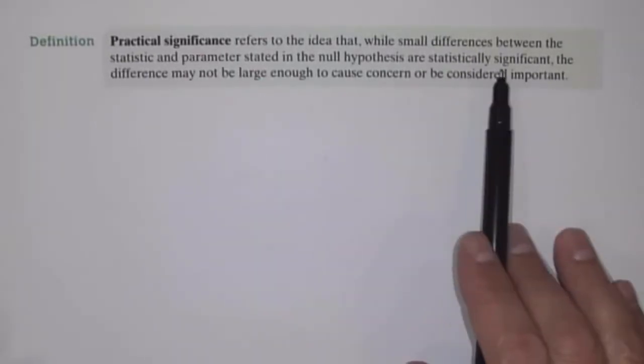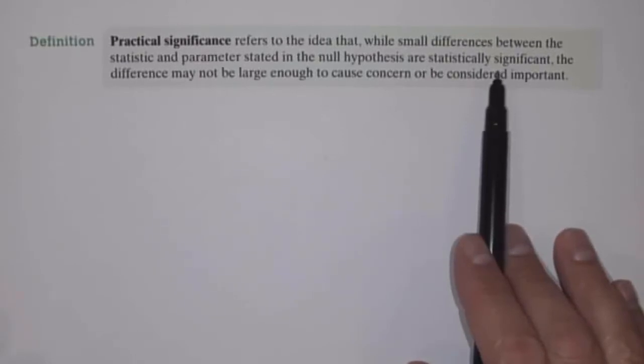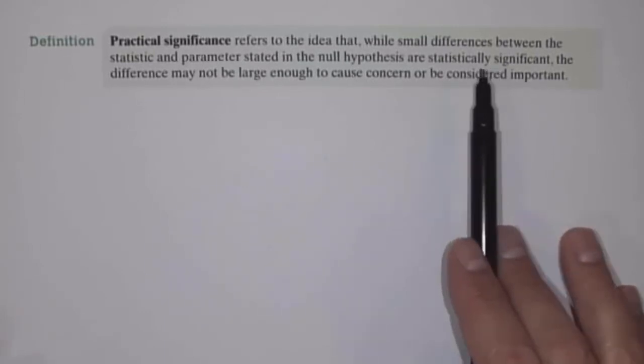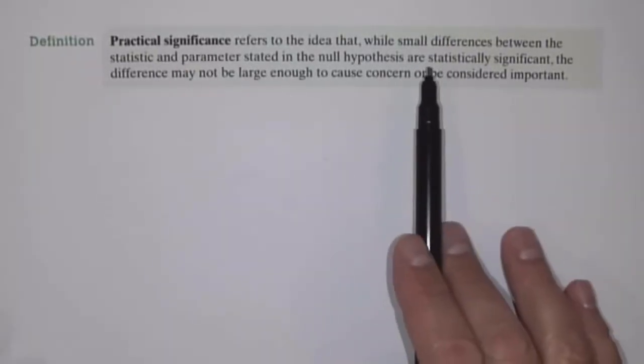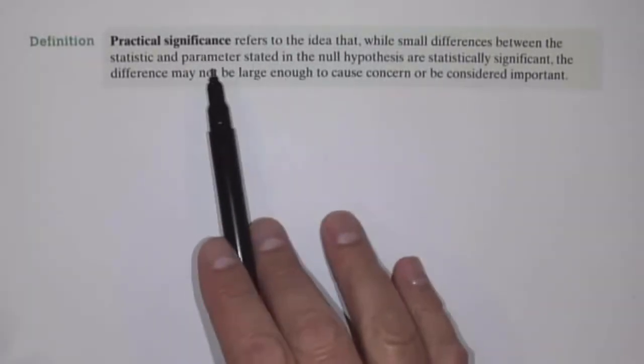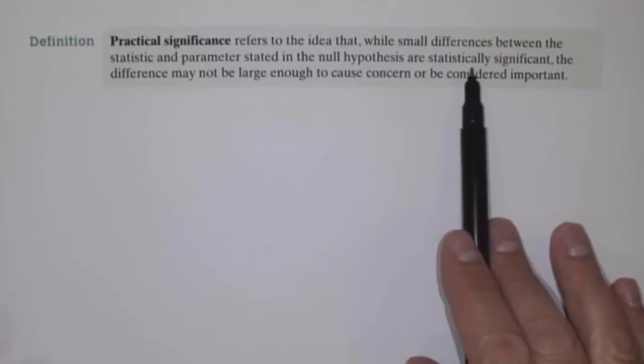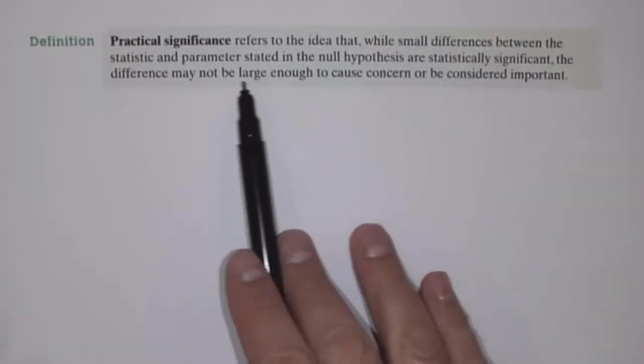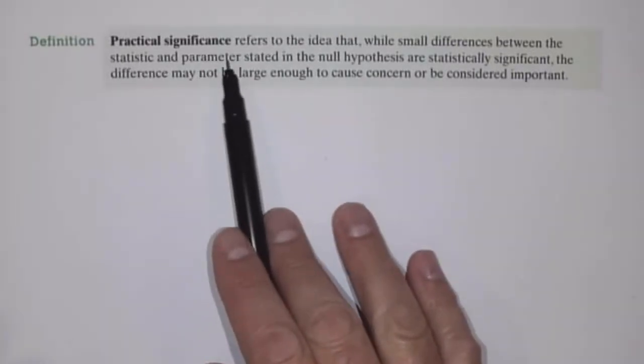So the point here is that just because something is statistically significant, that doesn't necessarily mean that there is a need for worry or concern from a practical standpoint. So the idea here is don't lose common sense. Just because something's statistically significant, that doesn't necessarily mean that it is a big deal from a practical standpoint.